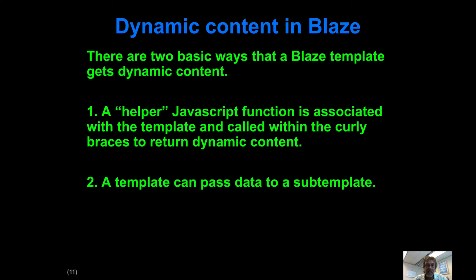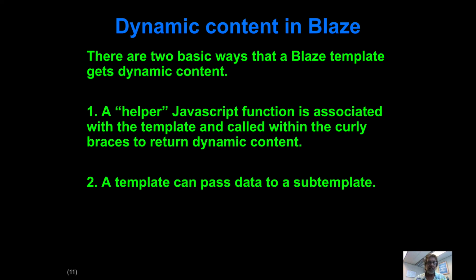So getting this dynamic content, there's two ways that it happens in general. First, you can write what's called a helper function and associate it with a template, and then you can invoke that helper function from within that Spacebars HTML to get a value. That's the first way.